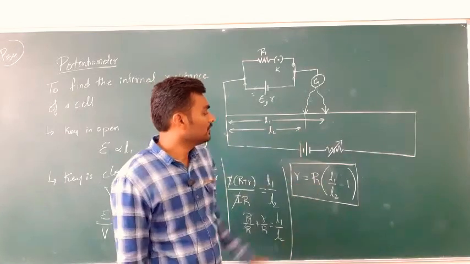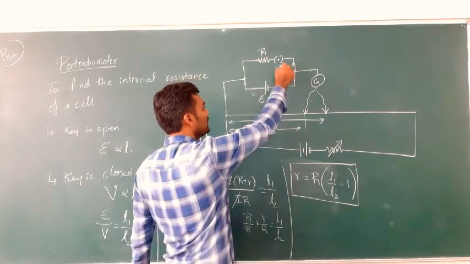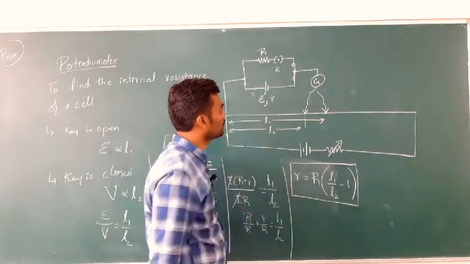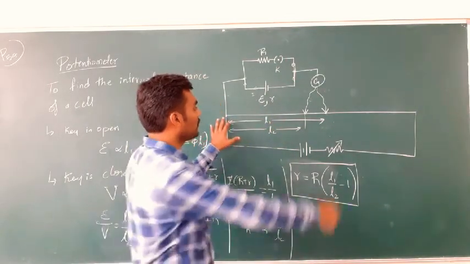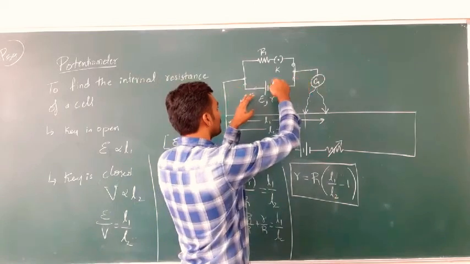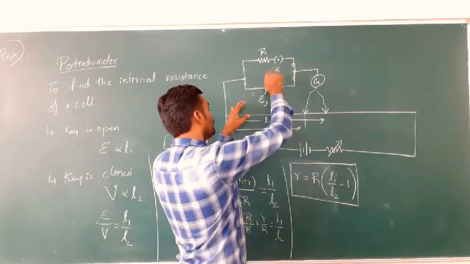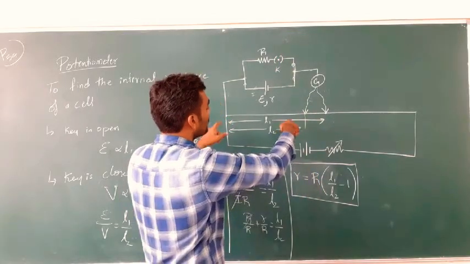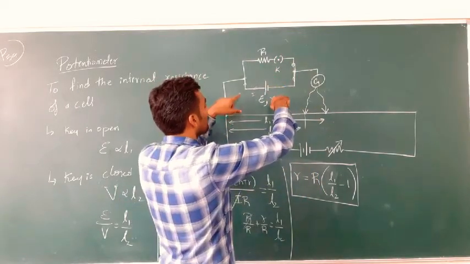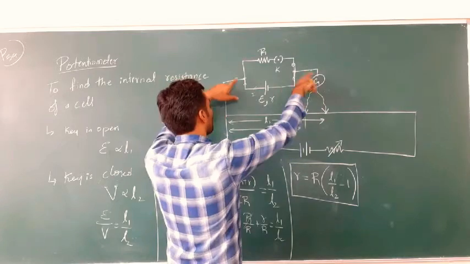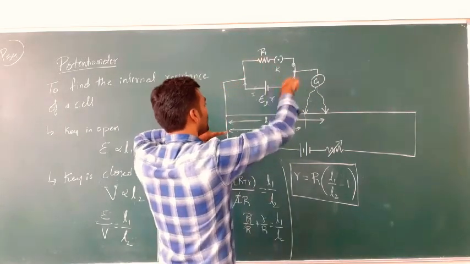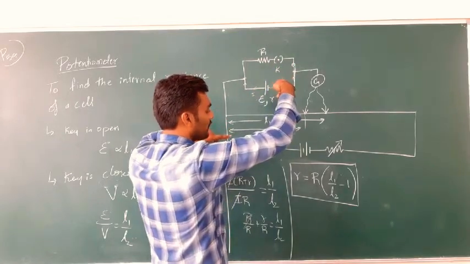L1 is the length when the key is open, L2 is the length when the key is closed. L1 corresponds to the EMF of the cell because the key is open and hence there is no current in the circuit. L2 corresponds to the voltage across the cell, or TPD across the cell, because the key is closed and there will be current in this part of the circuit.